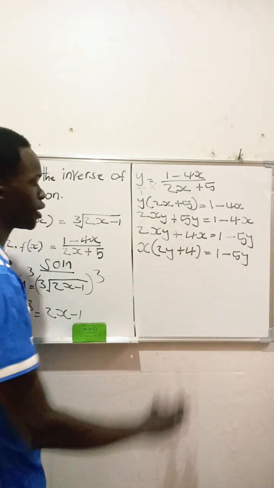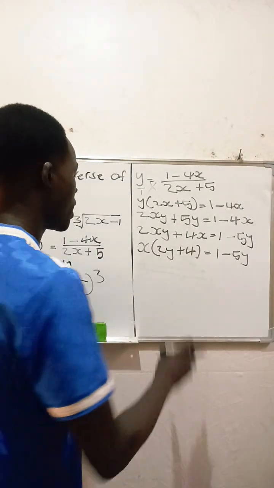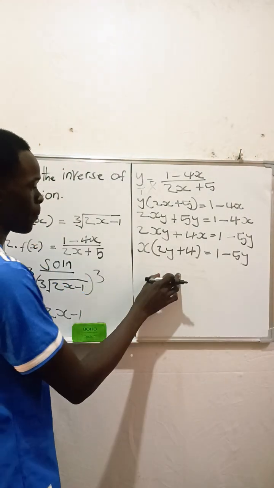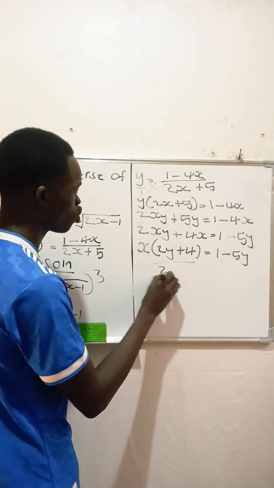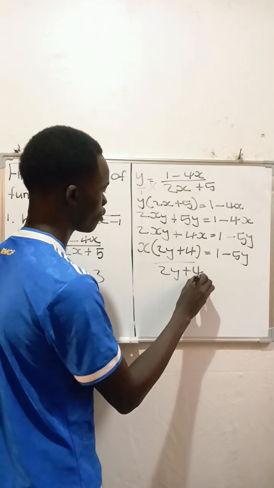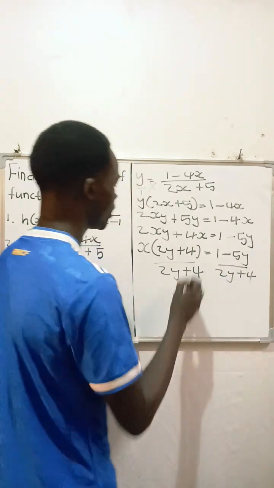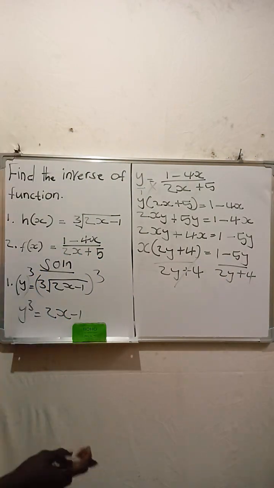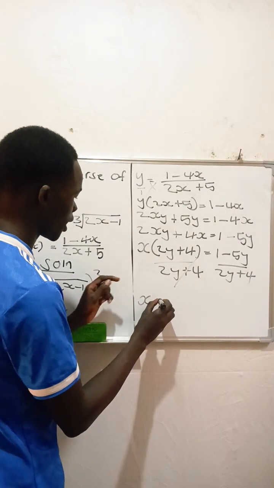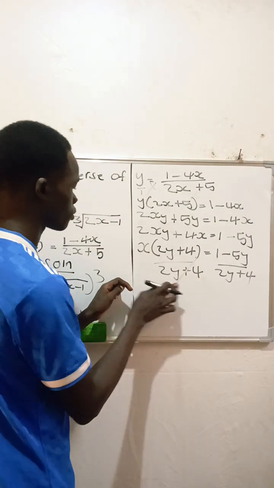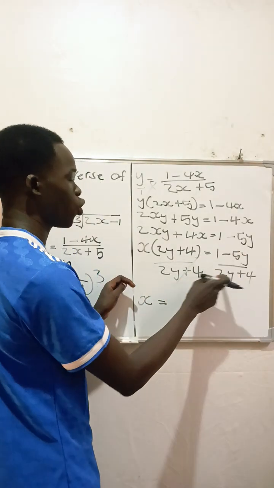Now we have to divide both sides by 2y plus 4. So we have 2y plus 4 over 2y plus 4. This and this will go. We remain with x equal to 1 minus 5y all over 2y plus 4.